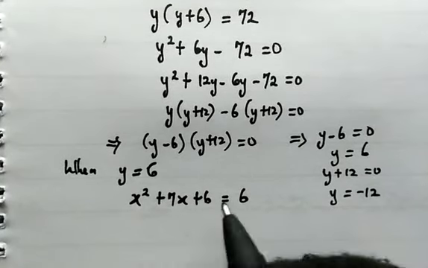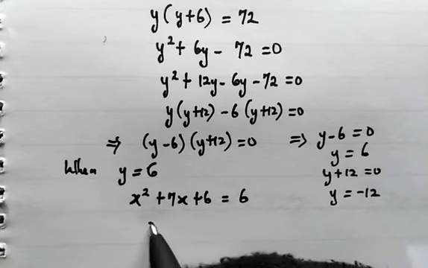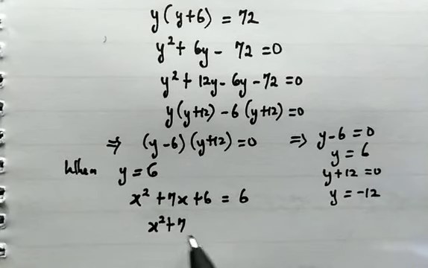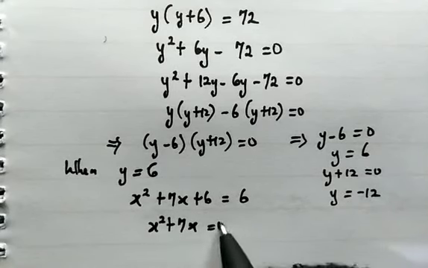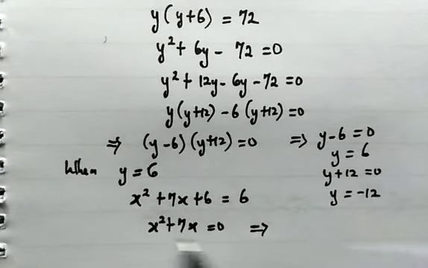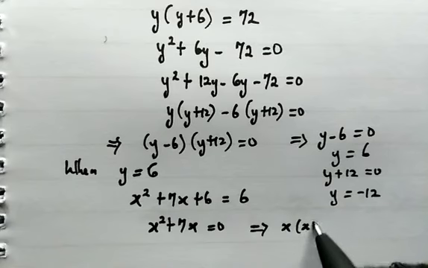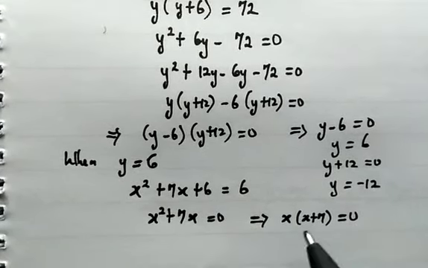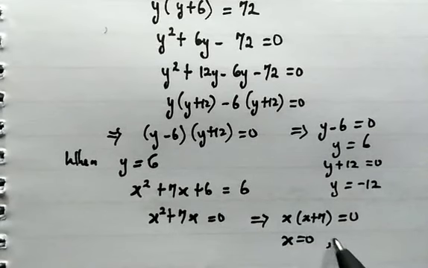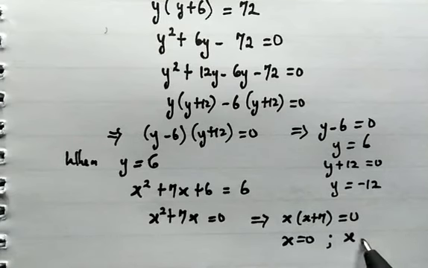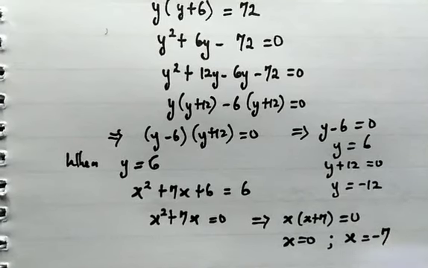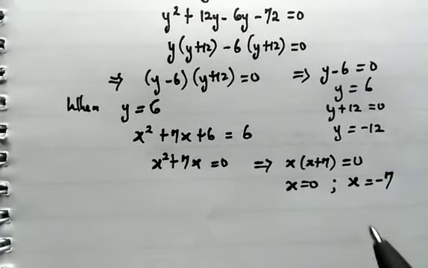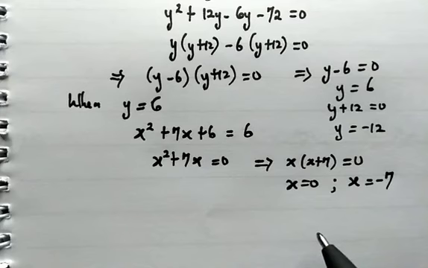So from here, subtract 6 from both sides, we get x squared plus 7x equals 0. Factor out x from the left-hand side, we have x(x plus 7) equals 0. So x is equal to 0, and we also have that x plus 7 is equal to 0, which makes x equal to negative 7. And I think these are the only two real solutions.